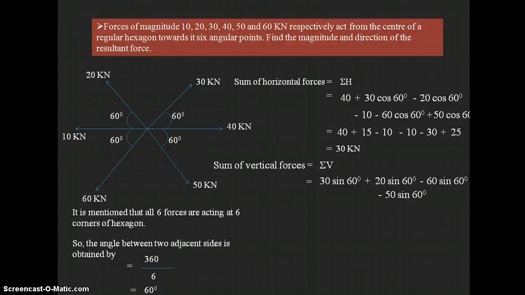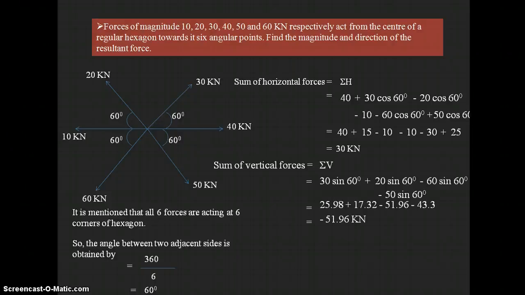By simplifying these values, we get the sum of the vertical forces as minus 51.96. The negative sign is there because the negative values are larger. So minus 51.96 is the sum of the vertical forces.